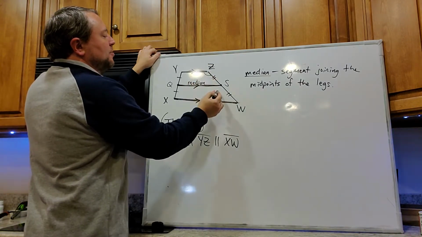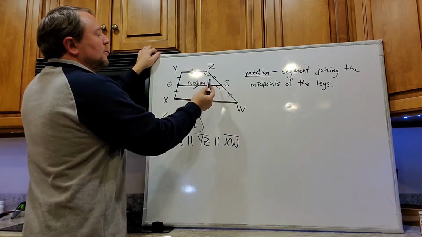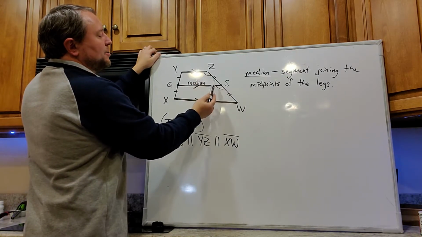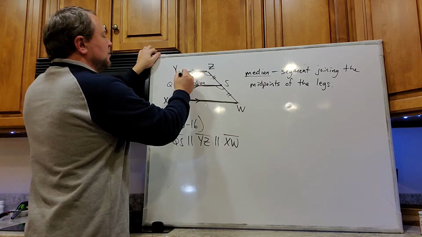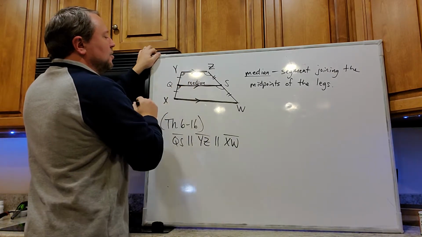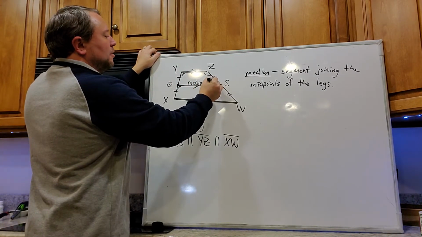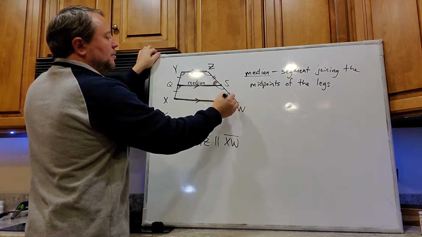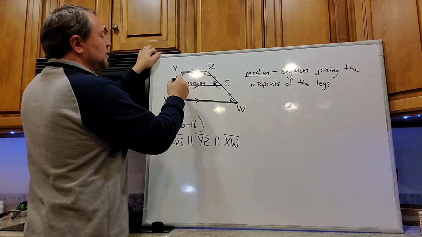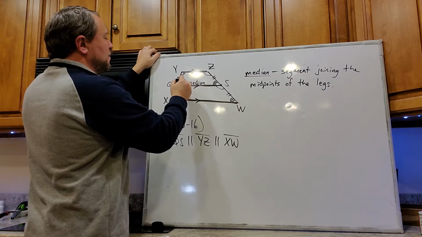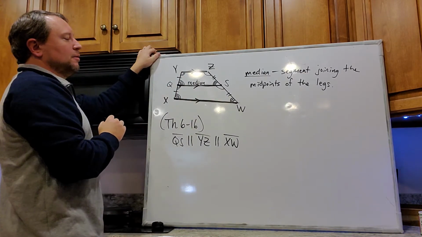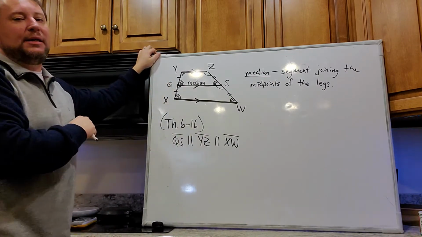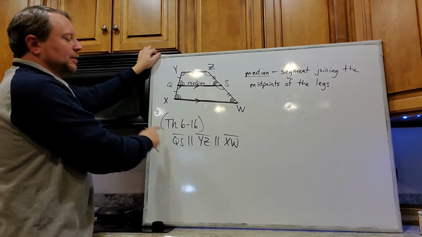Like, see this angle and this angle? If these run parallel, that's a pair of corresponding angles that would match. You could do it again, here and here, or there and there, or even here and there. So you have all kinds of corresponding angles that would match with the parallel lines.